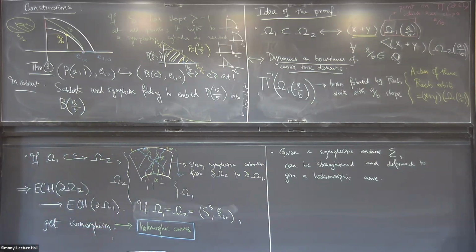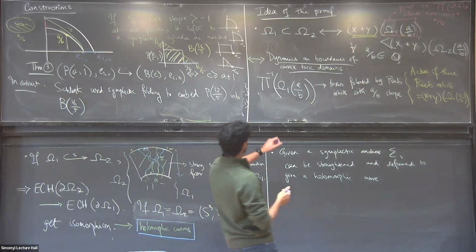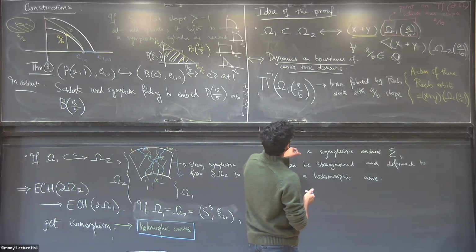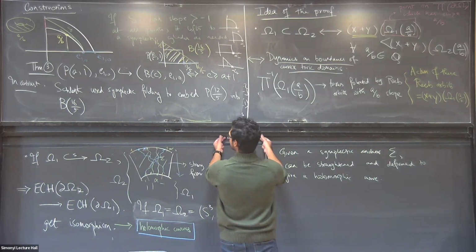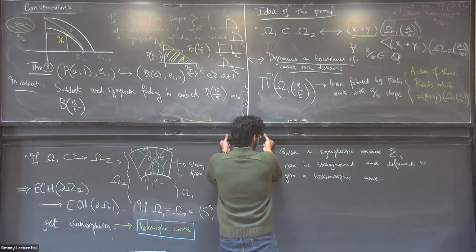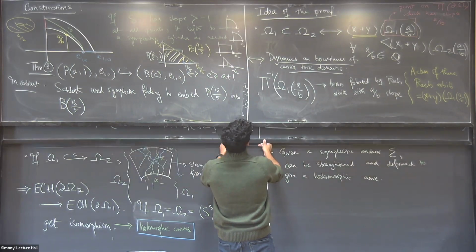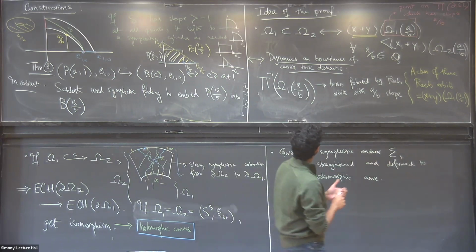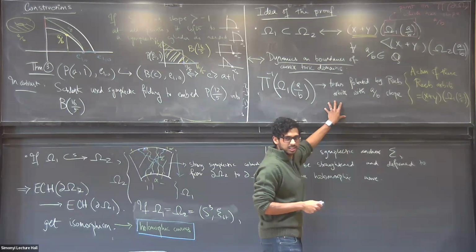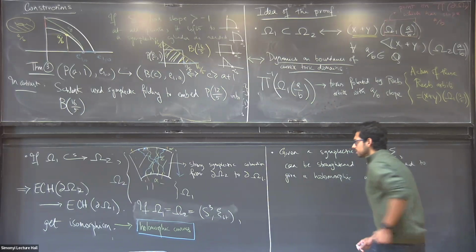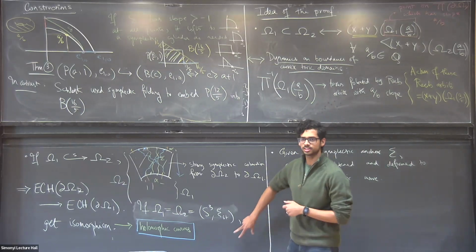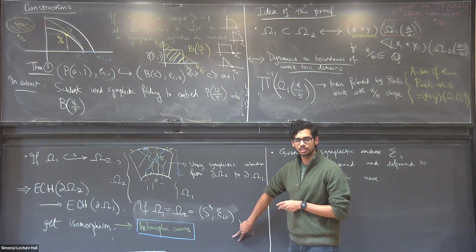And so the way we show this result about the actions of these orbits is by using positivity of intersections of these curves.